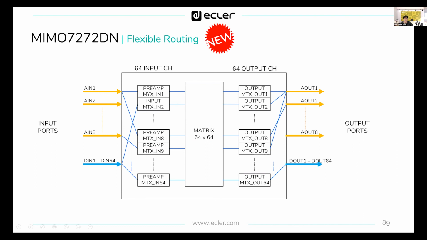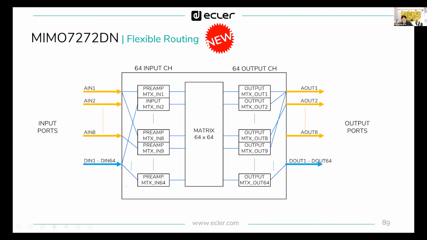For example, you can decide that for this preamp, you want to get the signal from analog input port 1, but maybe in the 8th channel, you want the same port. It's possible. You can also not use this second port. If you only want to use, for example, two analog ports, you can choose 1 and 8, leave the other ones without signal, and just connect the rest of the signals from the digital ports.